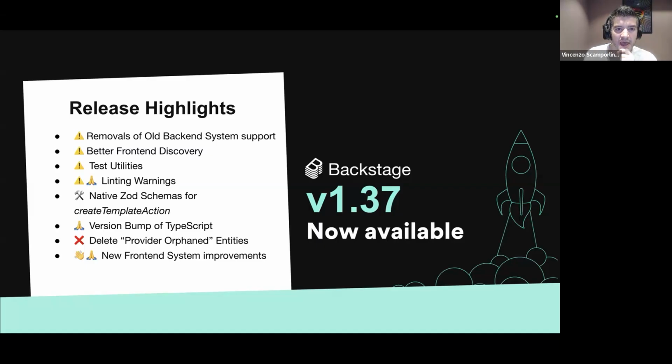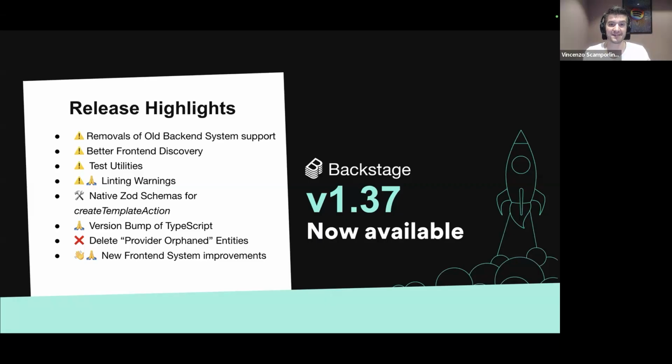Then we had an improvement on a catalog corner case issue. We called it catalog orphan providers. Basically, a corner case issue happened when you have a provider that emits some entities, and eventually you remove that provider from Backstage.